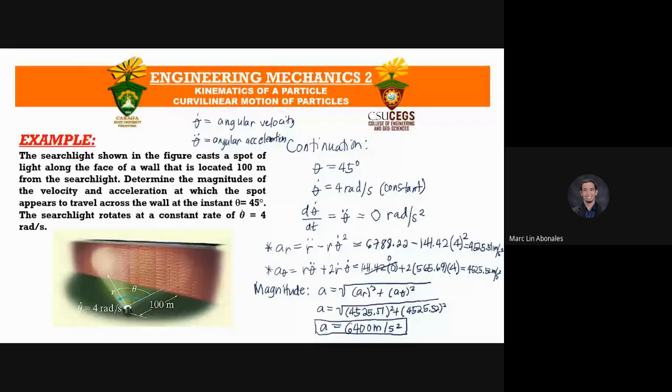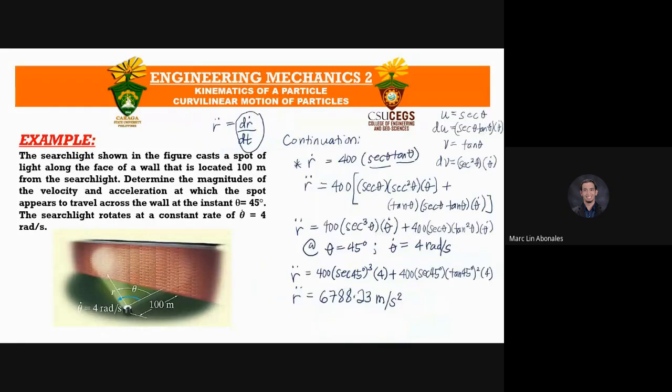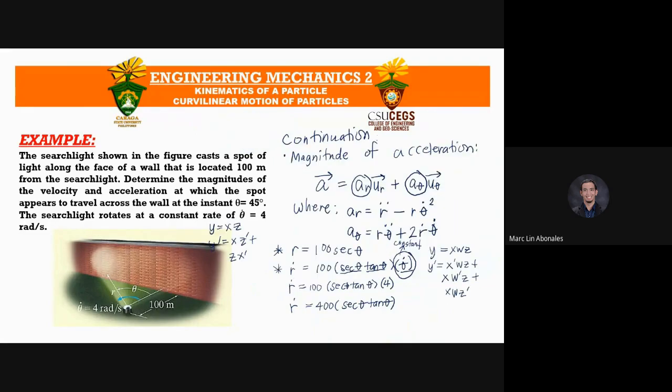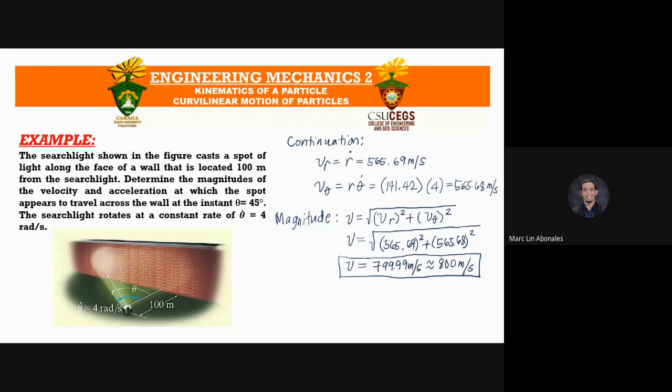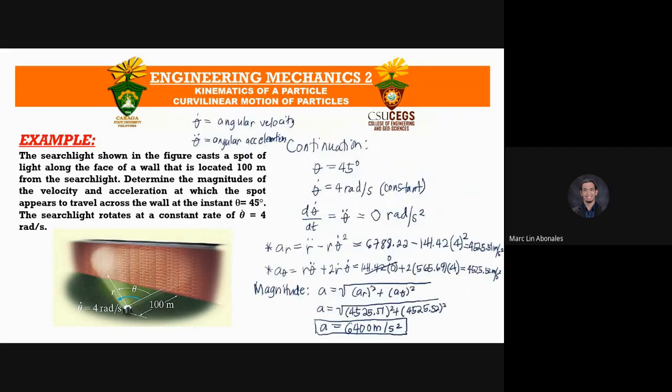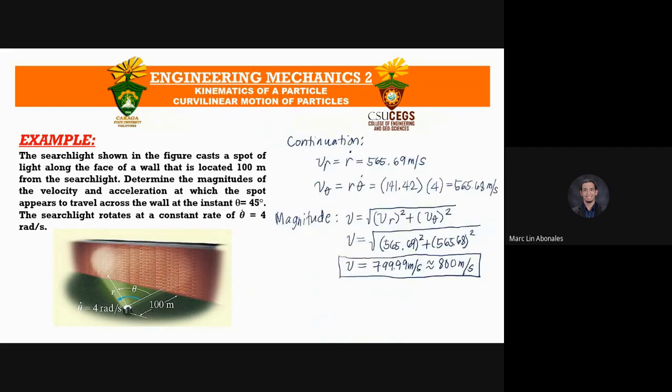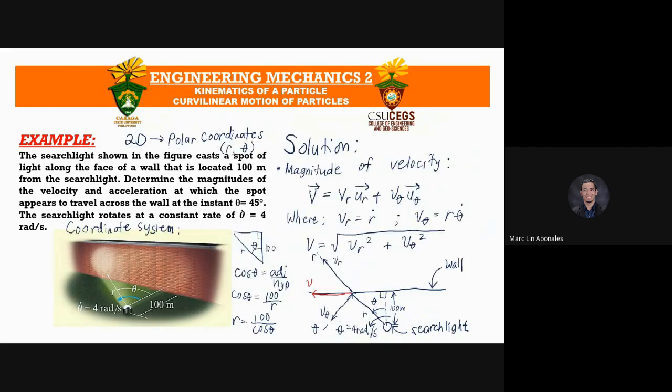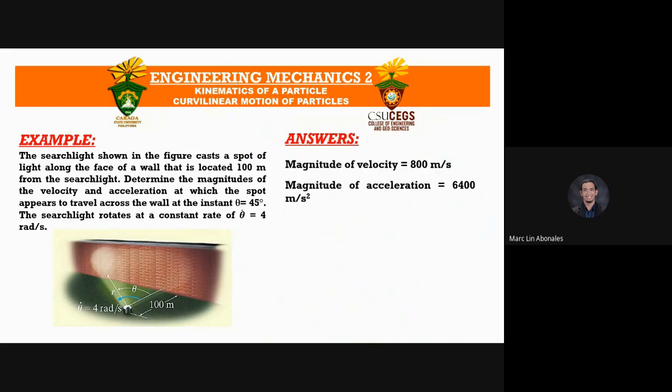For our velocity, the magnitude we computed was 800 meters per second, and the acceleration is 6,400 meters per second squared. If we check our first slide, 800 and 6,400 are the values of the magnitudes of velocity and acceleration.